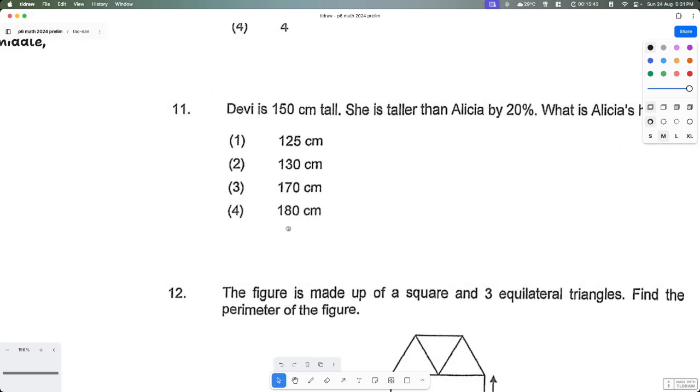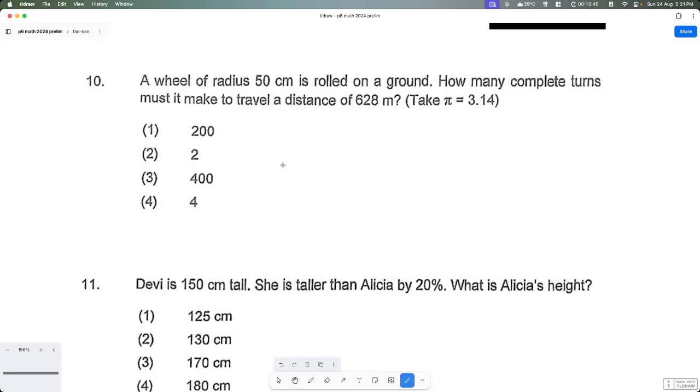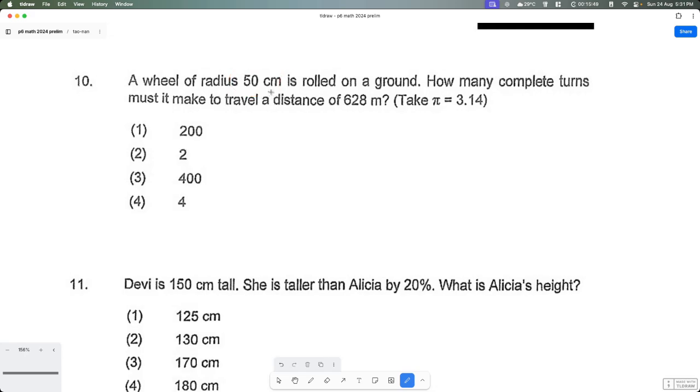Okay, let's move on to question number 10. A wheel of radius 50 centimeter is rolled on the ground. How many complete turns must it make to travel a distance of 628 meters? Okay, so complete turns are basically one circle, right? It says here a wheel of a radius.